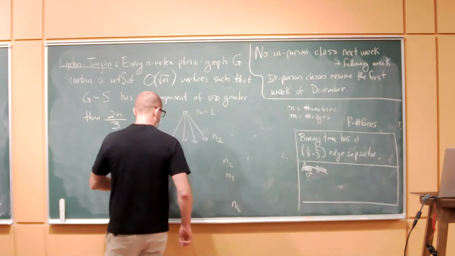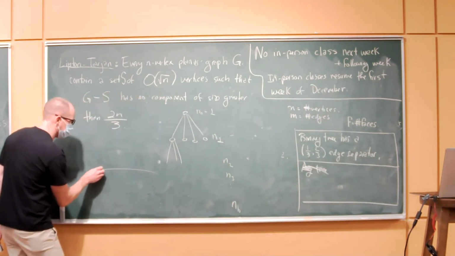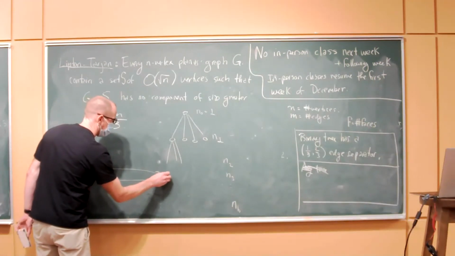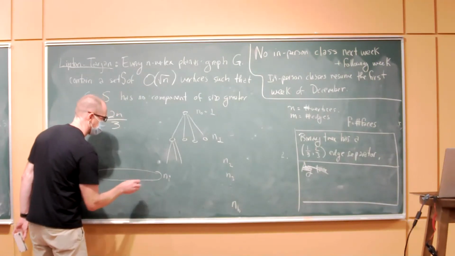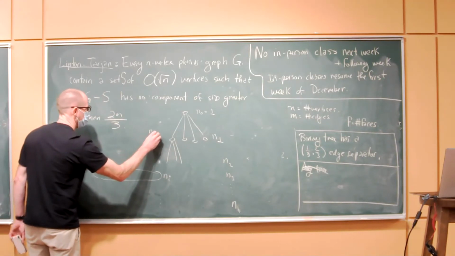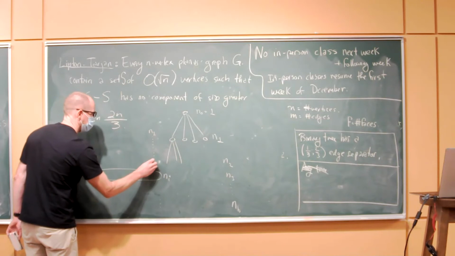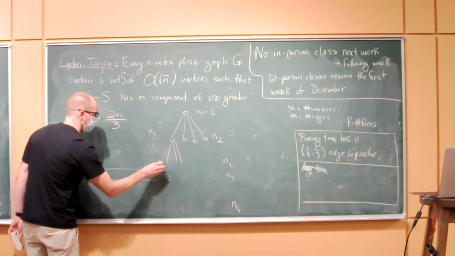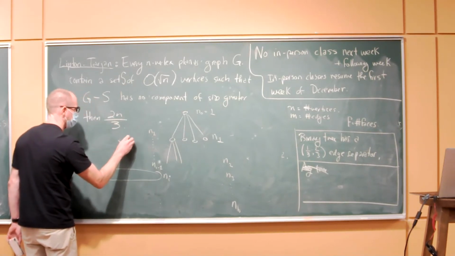Okay. So there's always going to be some layer, ni, where if I add up n1 up to ni minus 1, that is less than n/2.